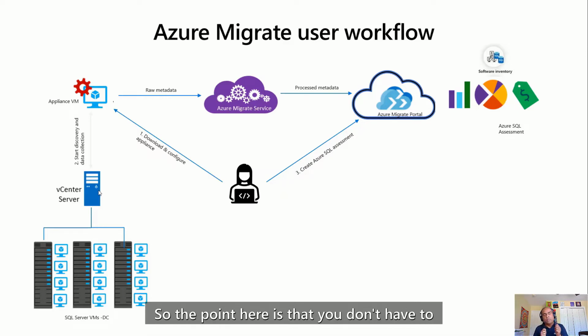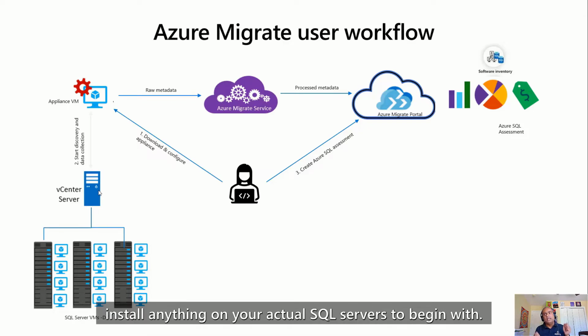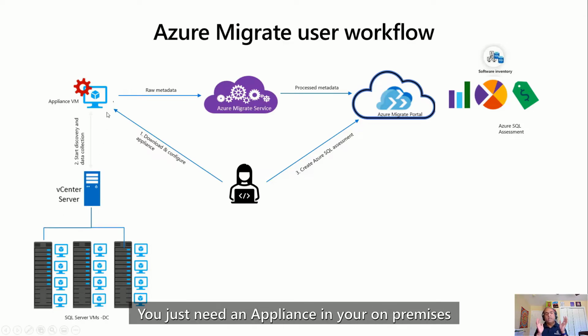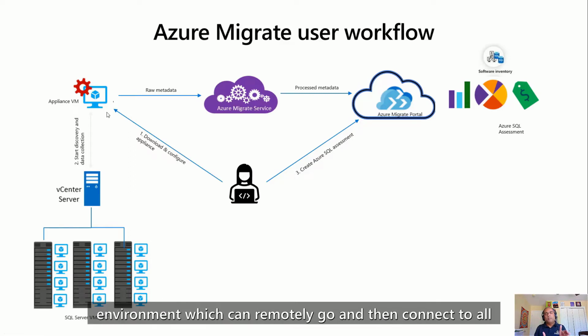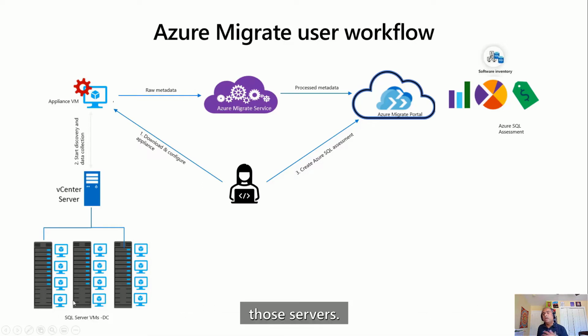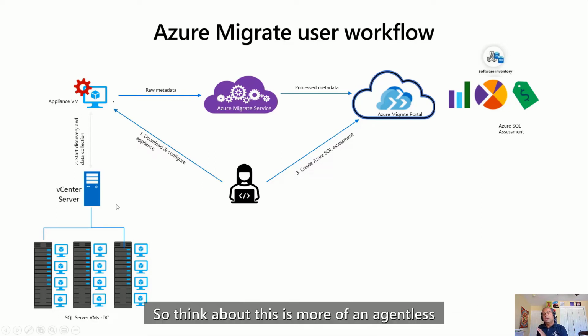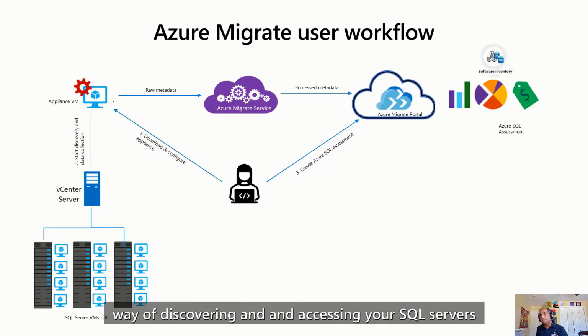The point here is that you don't have to install anything on your actual SQL servers. You just need an appliance in your on-premises environment which can remotely connect to all those servers. So think about this as an agentless way of discovering and assessing your SQL servers.